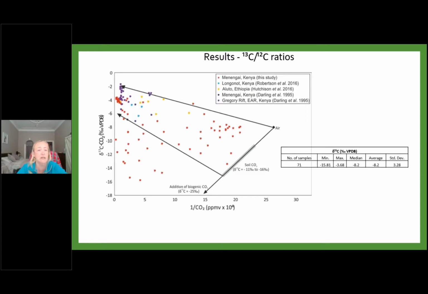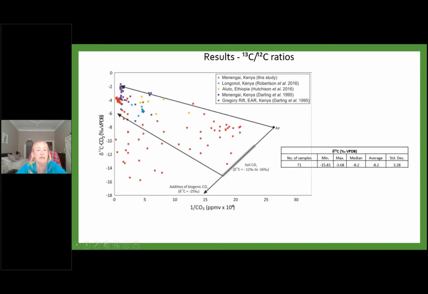And you can see my data here in red. It's got a very broad coverage, because I randomly selected areas to sample from right across the caldera. But you will see that I have a cluster of data that falls within the -2 to -6 range.